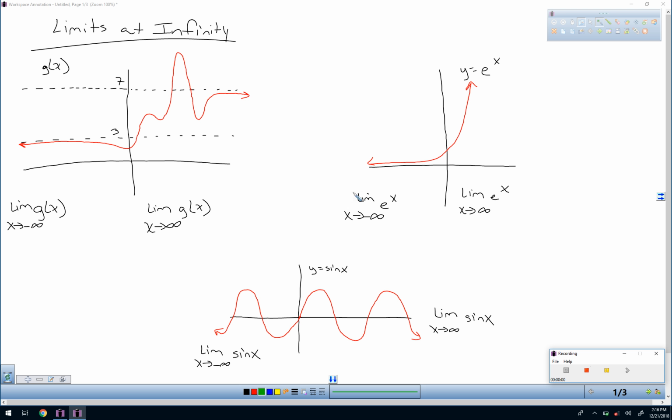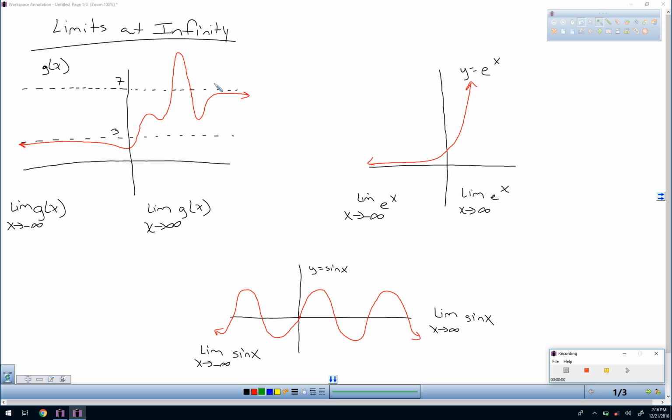For example, if you take a look at this function g of x, you notice it has a couple of maximums and minimums, but as you follow the function to the right, in other words, going to positive infinity, you'll notice that the function appears to level off.